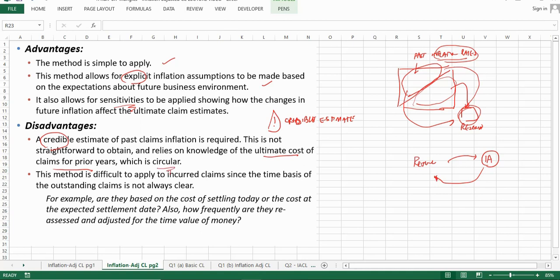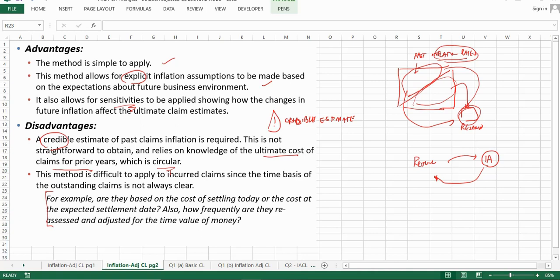Now, this method is difficult to apply to incurred claims since the time basis of the outstanding claims is not very clear. We need to apply inflation, which may be from one year to another. We need to know where and when on the timeline the payments are being done. For example, are they based on the cost of settling today?